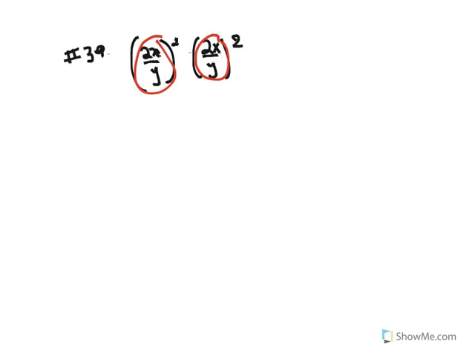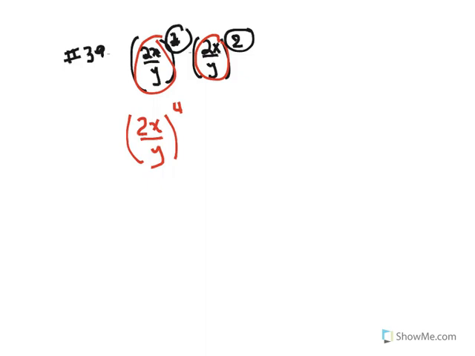So the exponential expressions have the same base. So I'm going to write my base 2x divided by y, and I'm going to add, okay? So, by the way, this number right here is a 2. So I have 2 plus 2, and 2 plus 2 is 4. So this is what I have, okay?